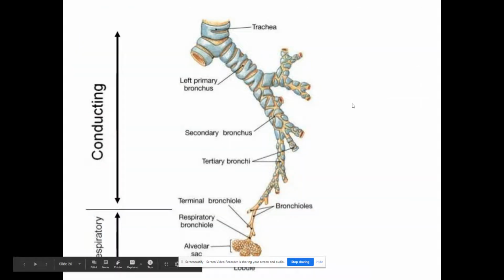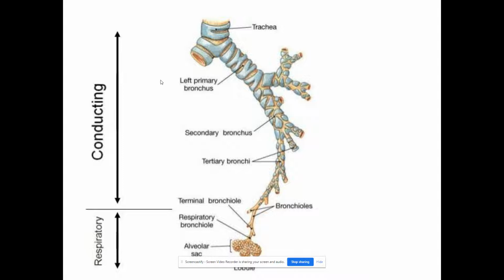We have our conducting system and then our respiratory system. In the later slides, we'll talk a little bit more about that. Here's your trachea, and just below the trachea, we're going to see the left primary bronchus. Again, it's going to split into the left and to the right. We have the secondary bronchus. The tree is getting a little bit smaller as we go.